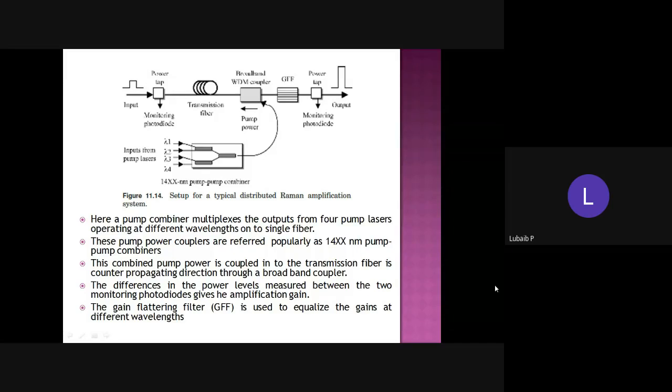These pump power couplers are popularly referred to as 14xx nanometer pump combiners.